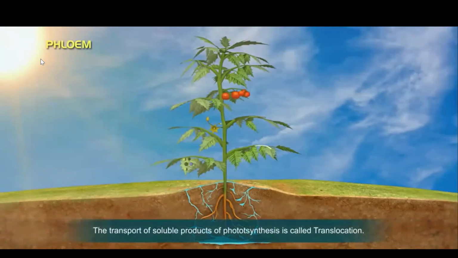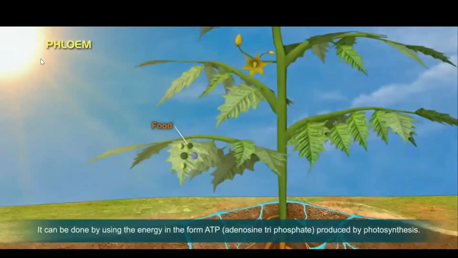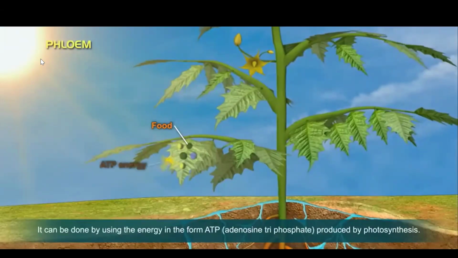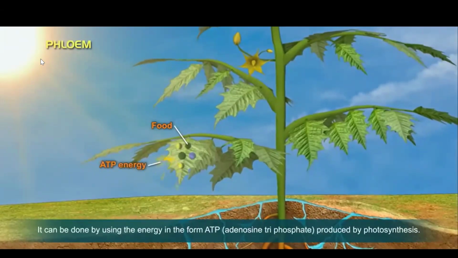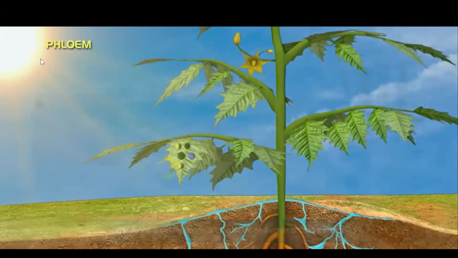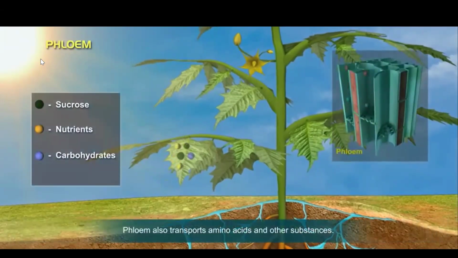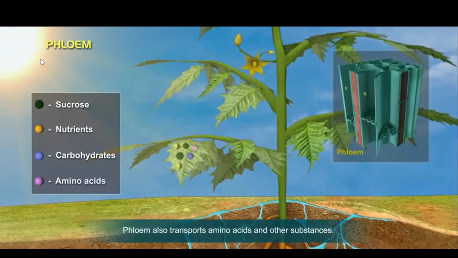The transport of soluble products of photosynthesis is called translocation. It can be done by using the energy in the form of ATP, adenosine triphosphate, produced by photosynthesis. Phloem also transports amino acids and other substances.